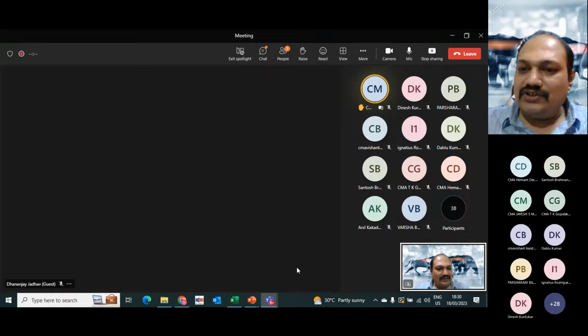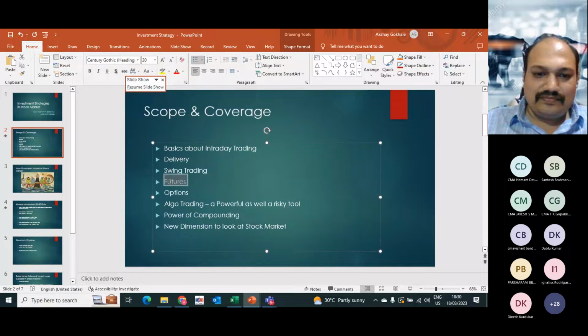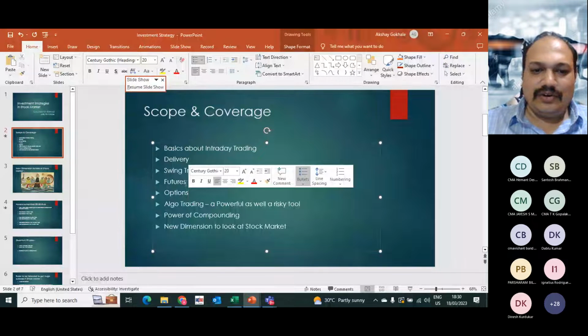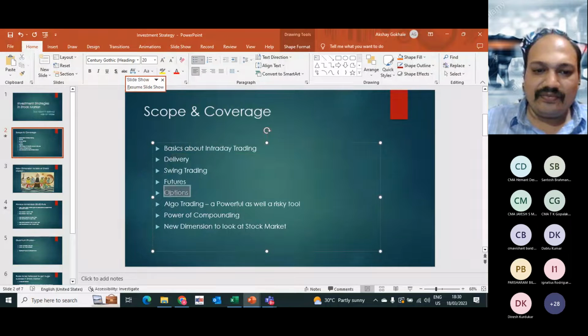And if you want to buy Nifty 50, then you have to buy Nifty future. Clear? Okay. So Nifty futures, Bank Nifty futures, and like that, stock futures are also there.